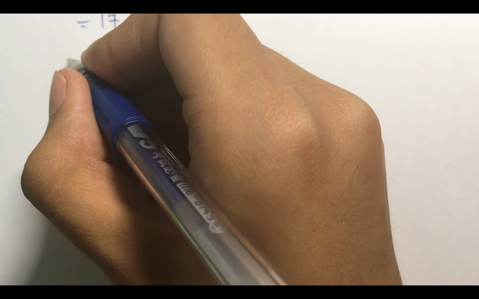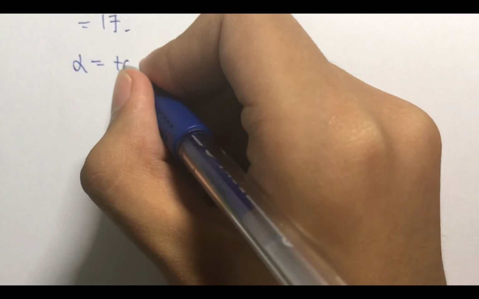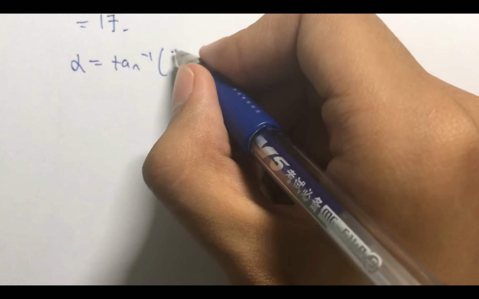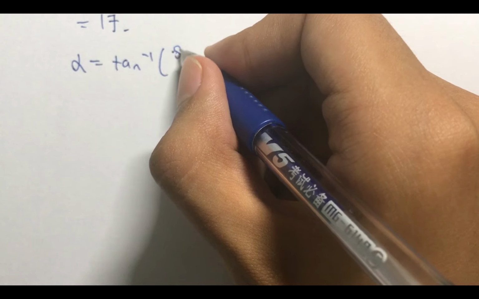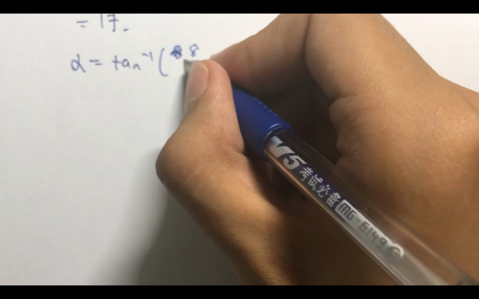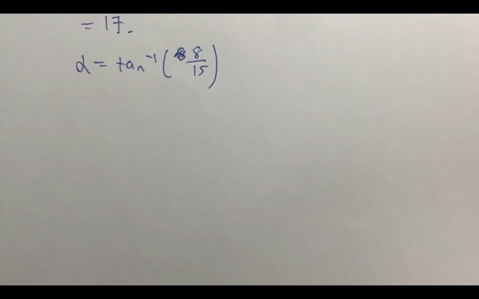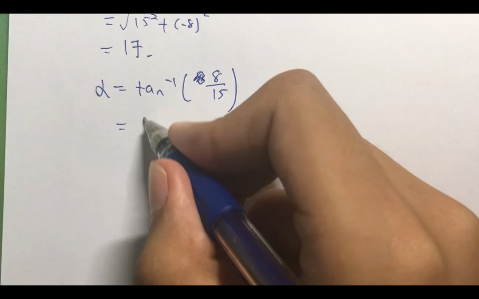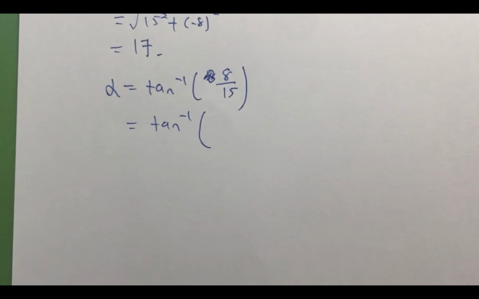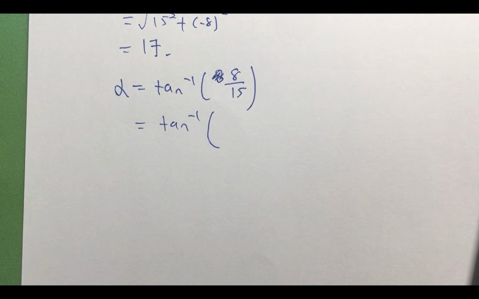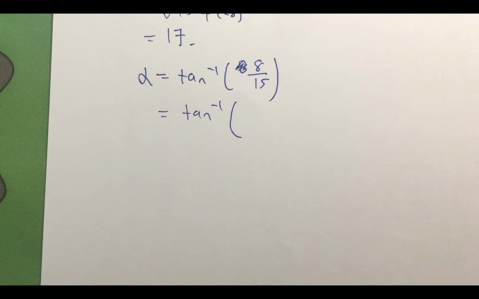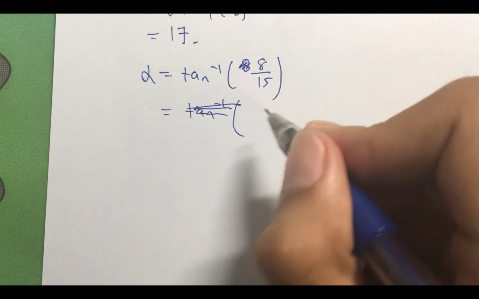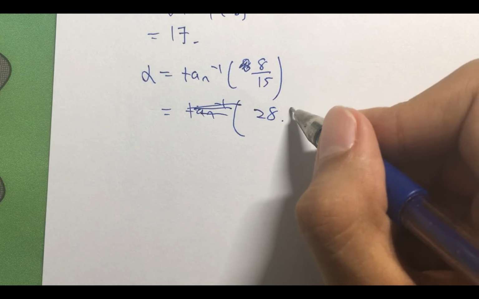And because we know that alpha is equal to tangent inverse of b over a, which is 8 over 15, alpha is equal to tangent inverse of 8 over 15, which is equal to 28.1 degrees.